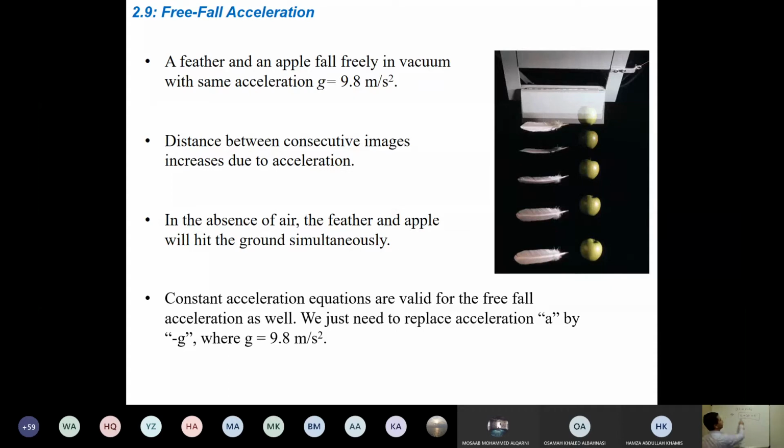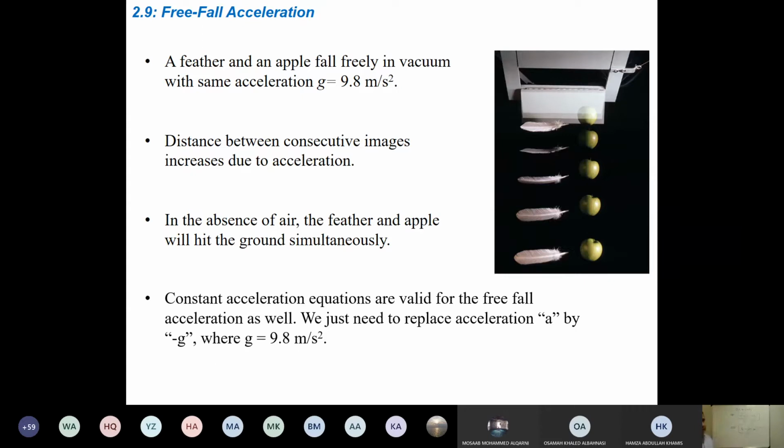You know that V naught plus AT equals V. All I need to do is to replace this A by minus G, A equals minus G. Once I do that, this equation will be for free fall. Okay, so V naught minus GT equals V. This is the equation for free fall.